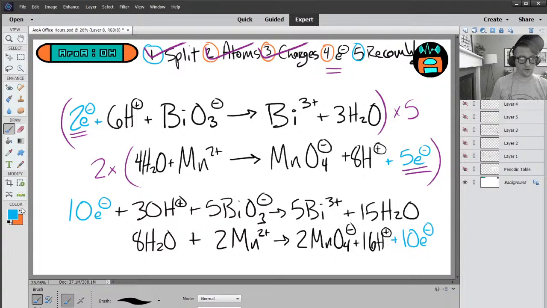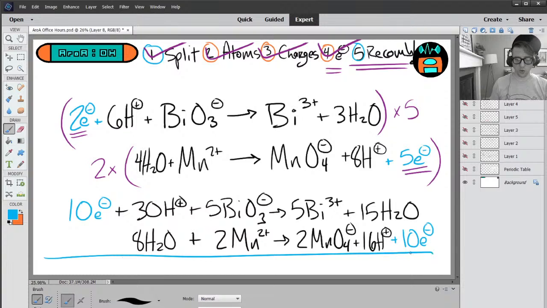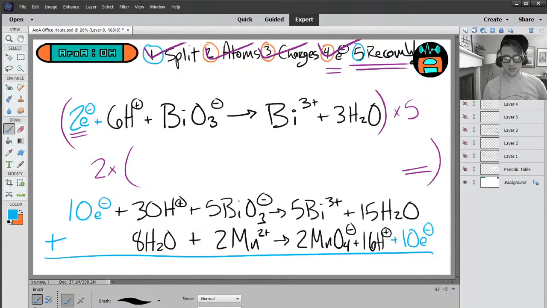And now we've balanced our electrons and we are ready to recombine. We're going to recombine by adding both sides of this reaction together.